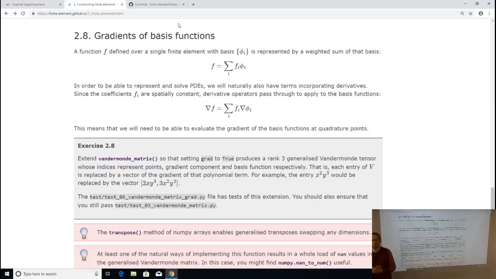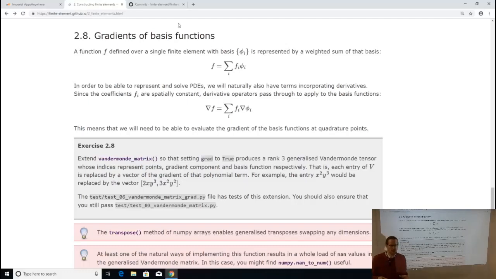Because what have we done? Well, we've expressed our basis functions as coefficients times the monomials. So the monomials are the polynomials that only have one term. So 1, x, y, xy, those are all monomials. And so the same argument applies at the next point, right?